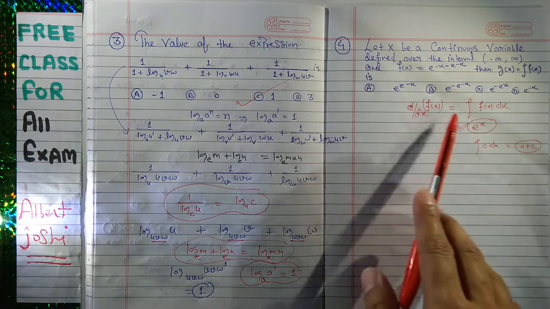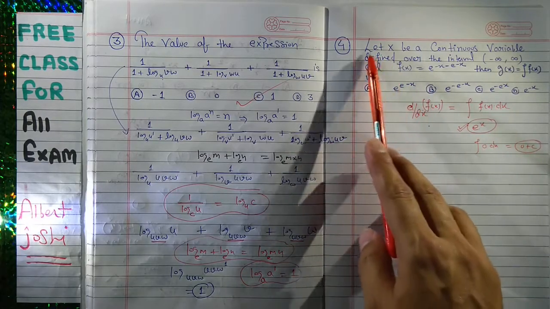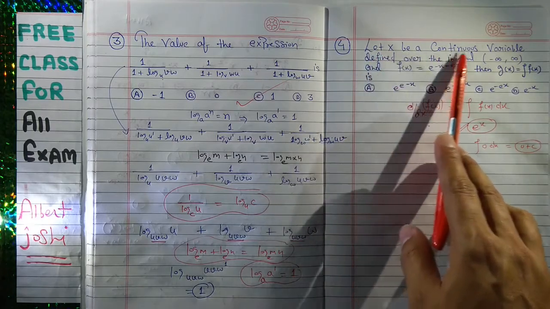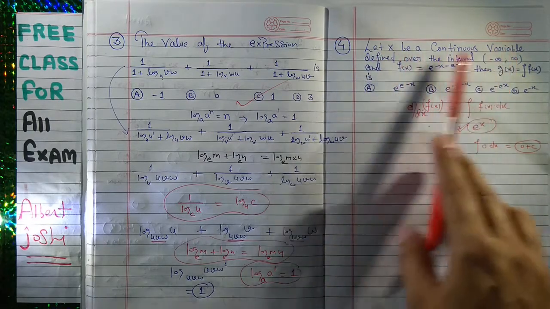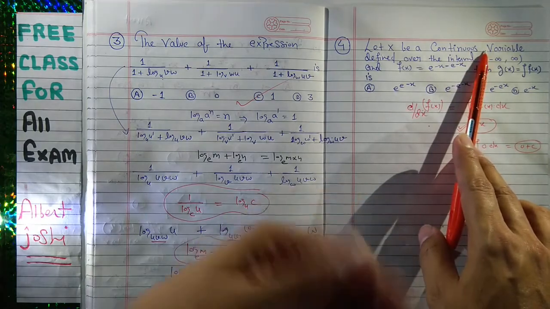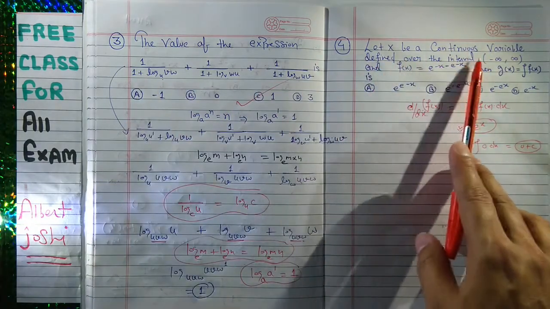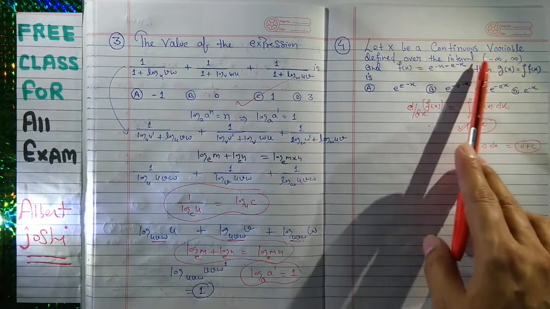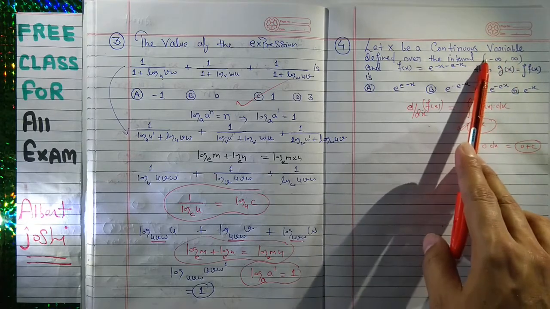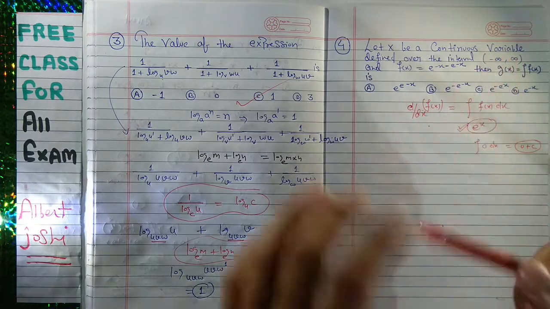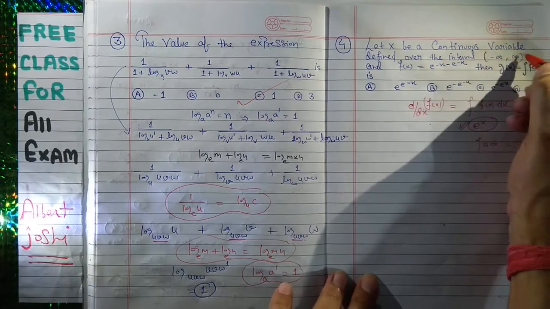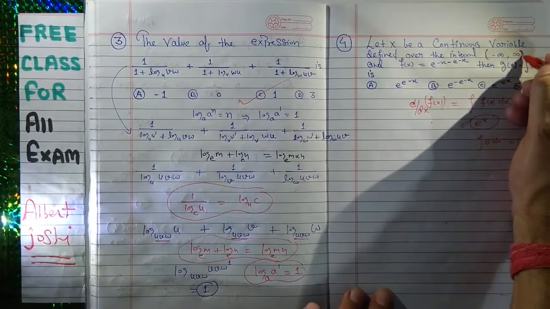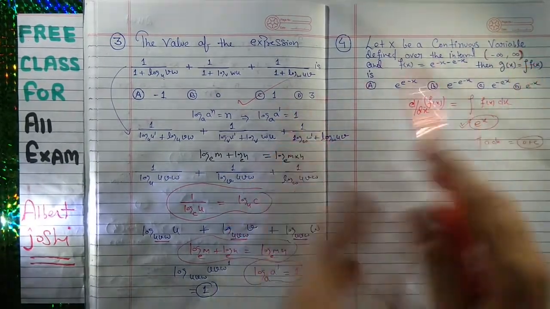Now they have asked: let x be a continuous variable. What is continuous? Just go to the previous lecture. Defined over the interval minus infinity to infinity. Whenever you use infinity, you always have to use an open interval, not a closed interval. We have already discussed why.